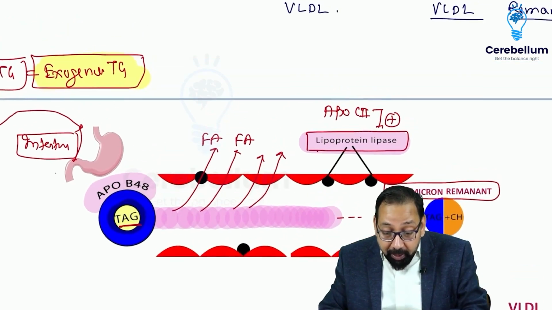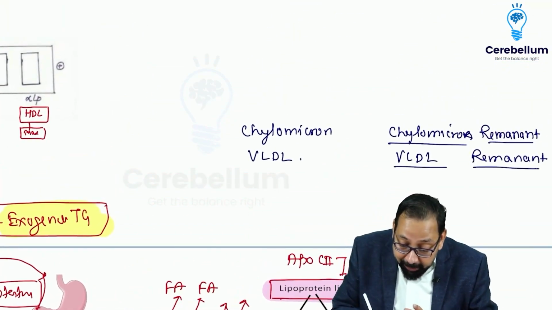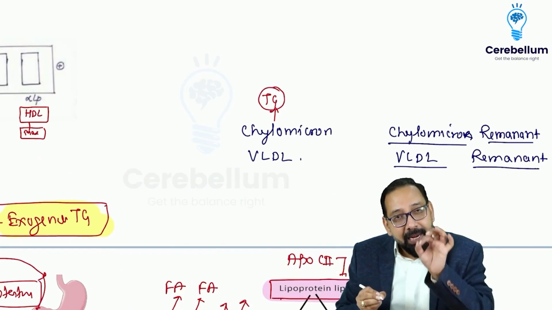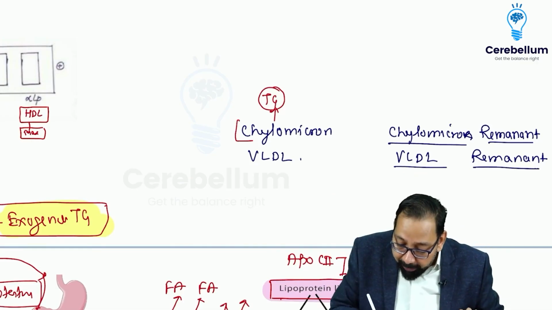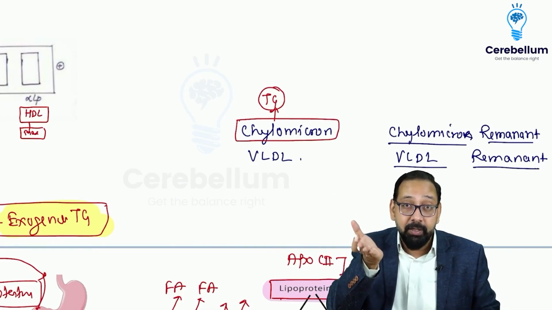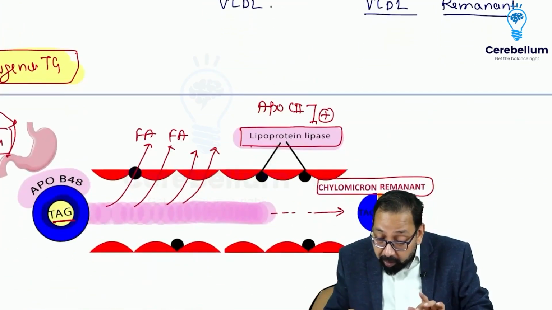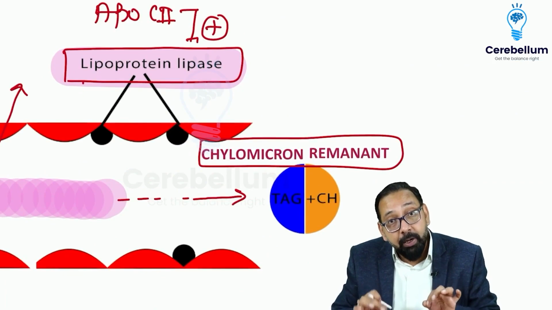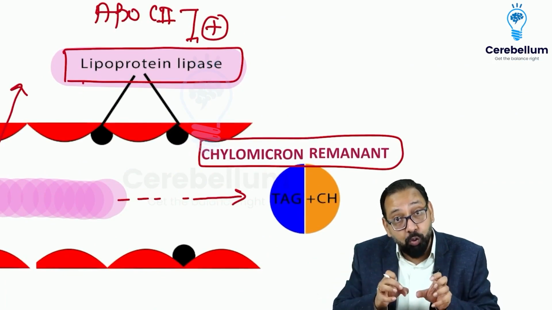We found that chylomicron contains mainly triglyceride. So if in any disorder chylomicrons are increased, you will say triglycerides are increased. But the composition of chylomicron remnant contains both triglyceride and cholesterol.